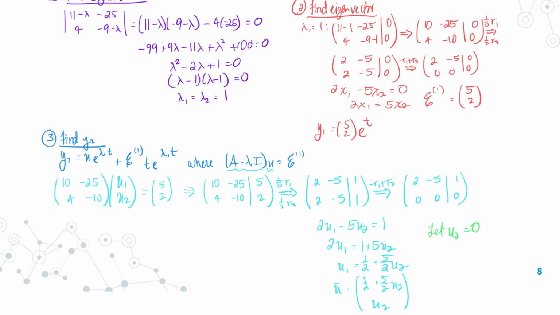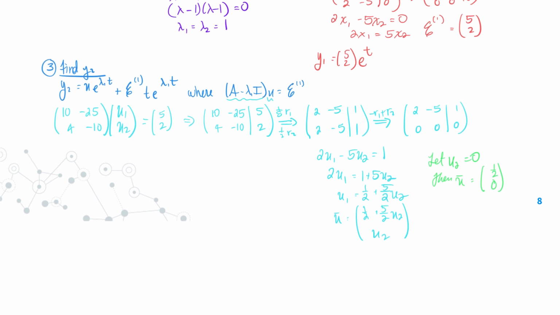So if we let u2 be 0, then we have u being 1/2 and 0. And now we've found our u vector, which means that u times e to the lambda 1 t plus our eigenvector times t e to the lambda 1t is where we're going to find our general solution.